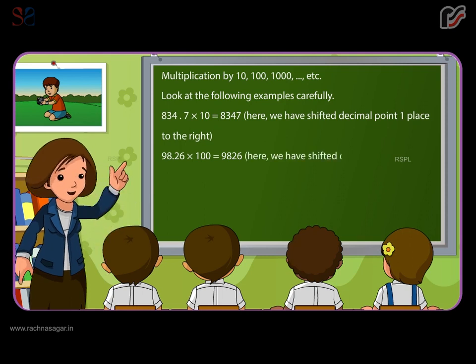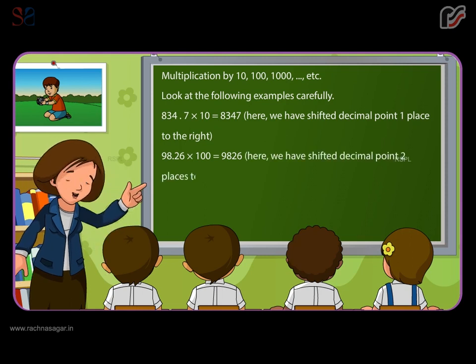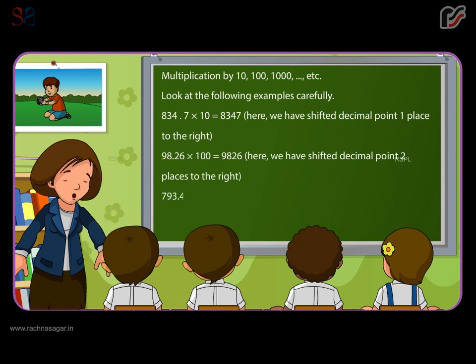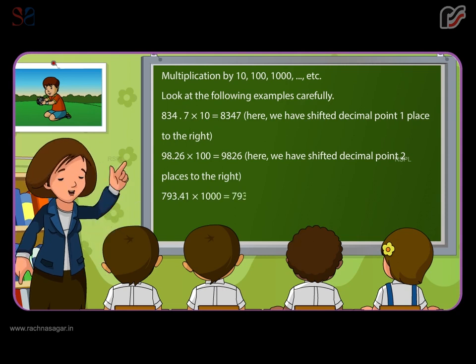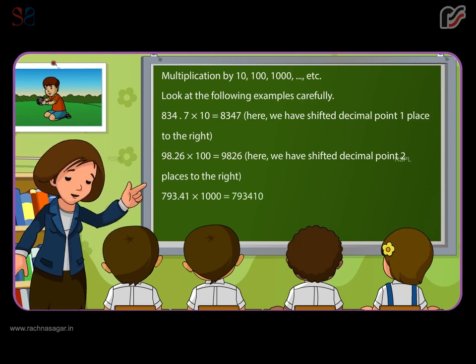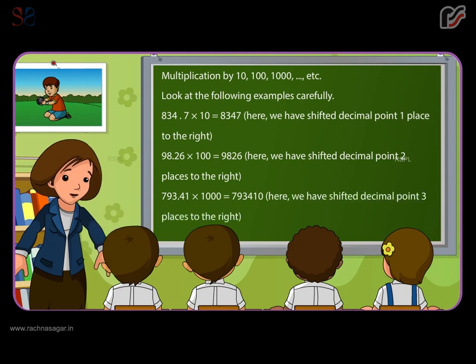Here we have shifted decimal point 2 places to the right. 793.41 multiplied by 1000 is equal to 79,03,410. Here we have shifted decimal point 3 places to the right.